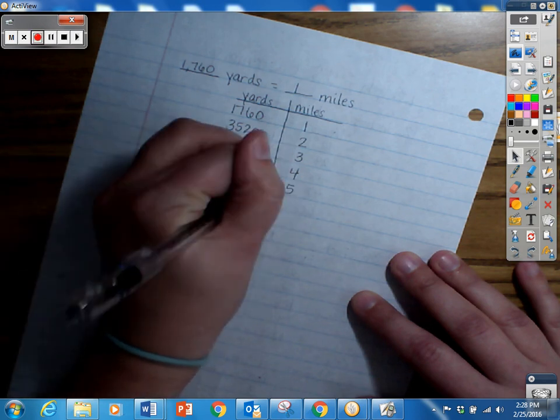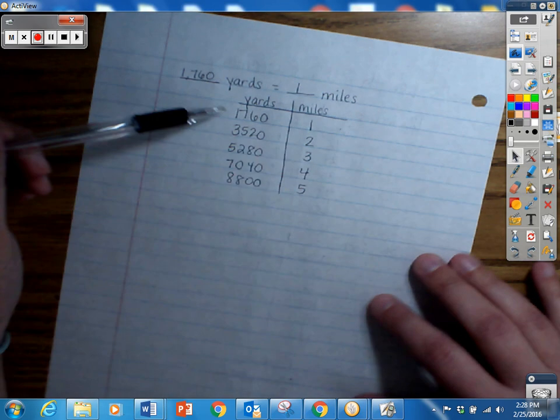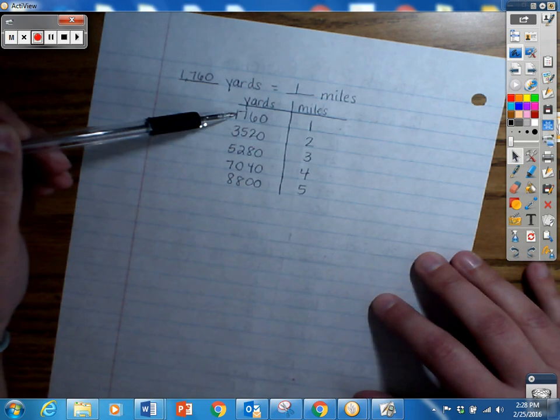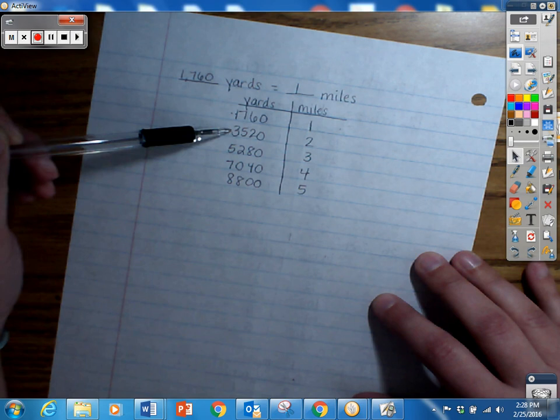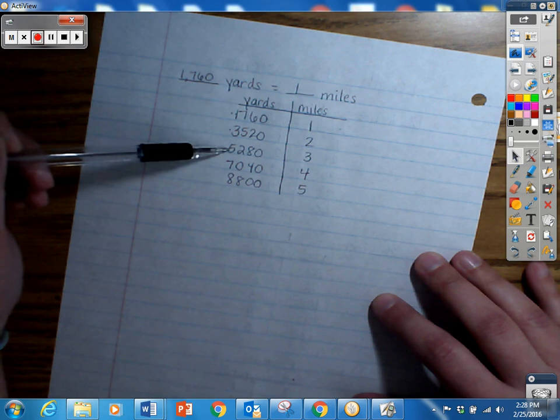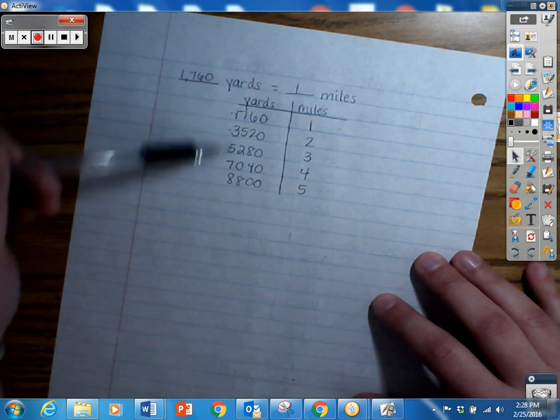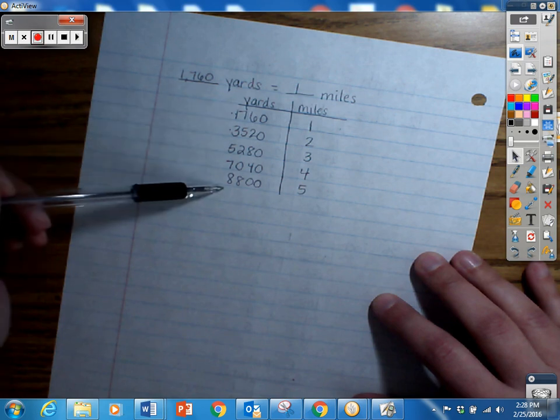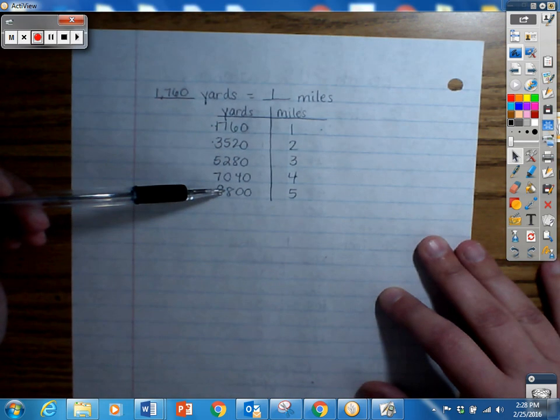So again, if we're using our knowledge of multiples, we're just counting by 1,760s. So adding it together, another 1,760, and again, skip counting our multiples of 1,760.